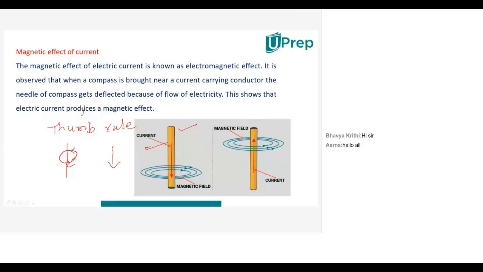And when current is flowing up like this, the magnetic field will be in the opposite direction.